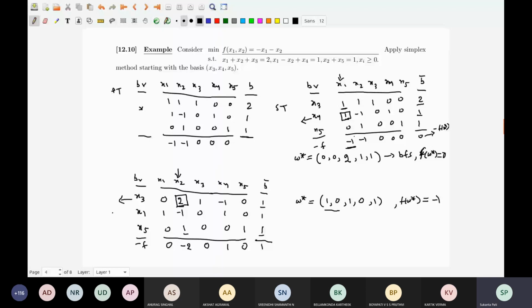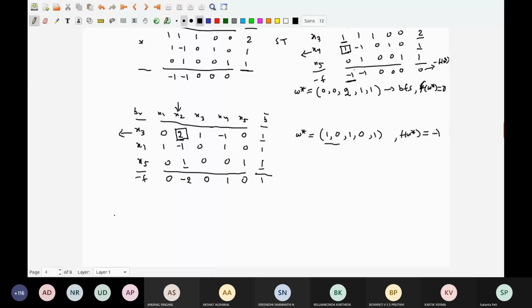Okay, so what is my next table? Now my next table will be like this. BV, x1, x2, x3, x4, x5, B bar.